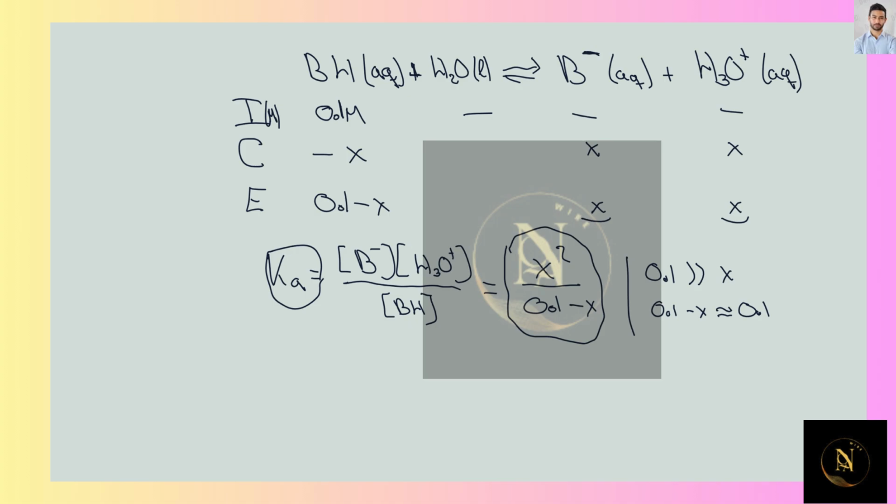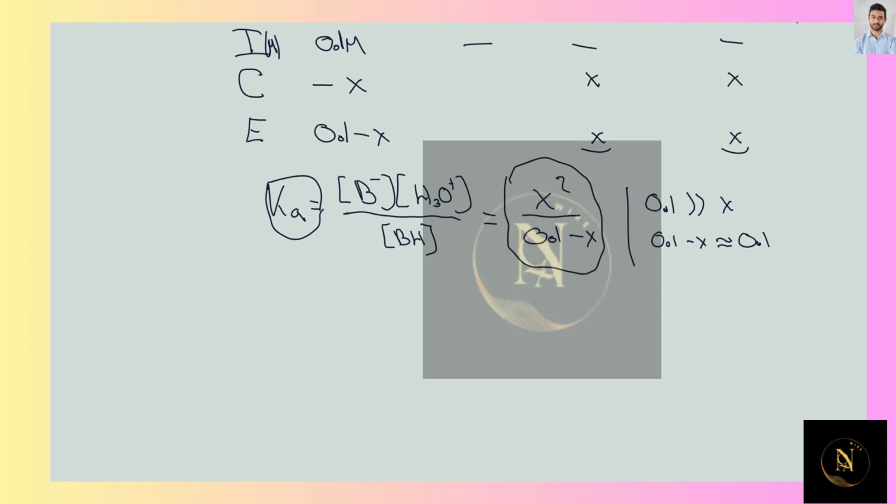Okay? So now, using the approximation, let's write down the value for Ka, that is 9.8 times 10 to the minus 5. Rewriting this, it becomes x squared divided by 0.1.